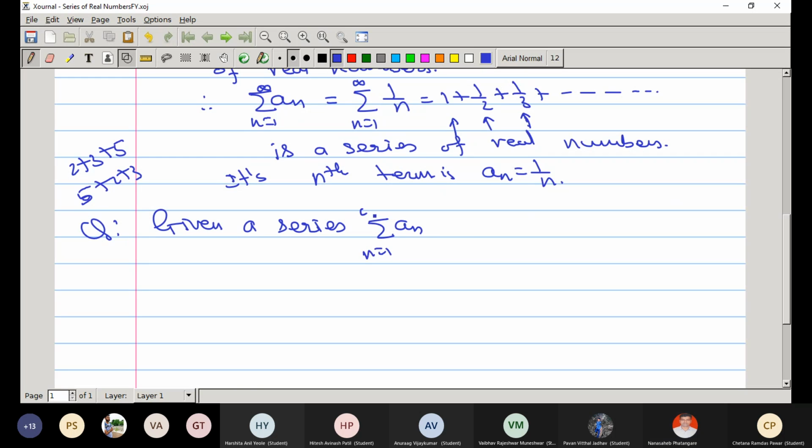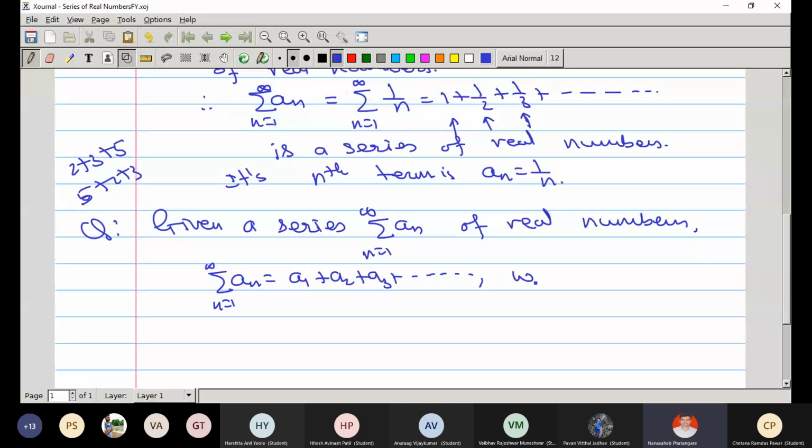So given a series an of real numbers, right? So an means what? n is from 1 to infinity. That means first is a1, then a2 plus a3. So what is the guarantee that this sum is finite?